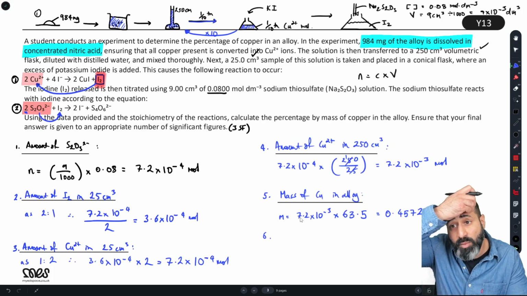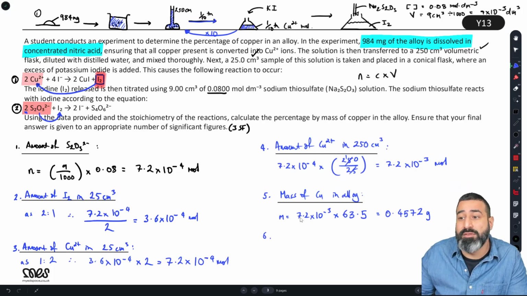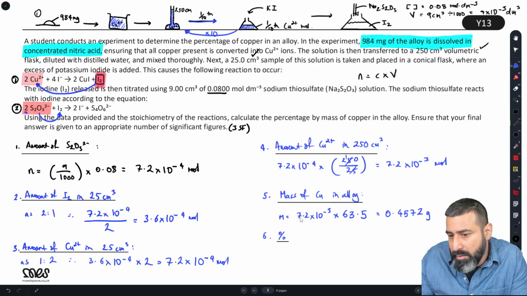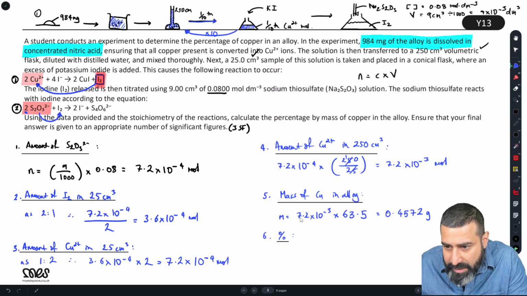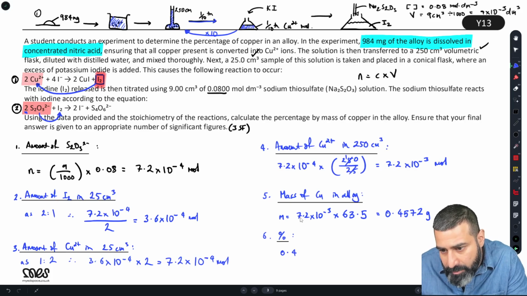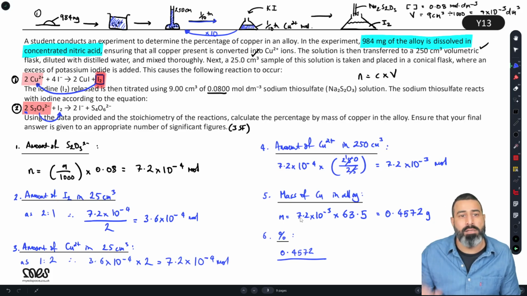So now I need to work out the percentage by mass of copper in the alloy. So the percentage, that's the last bit. Okay. So to work out the percentage of copper in the alloy, I'm going to take the mass of copper in the alloy, which I've just worked out, divided by the total mass of the alloy.